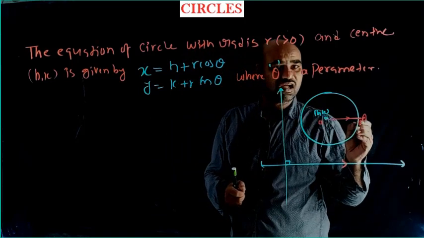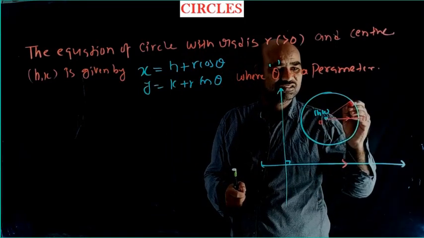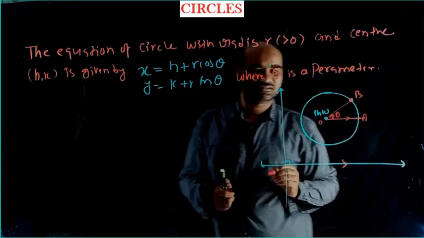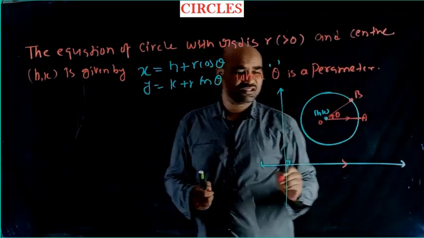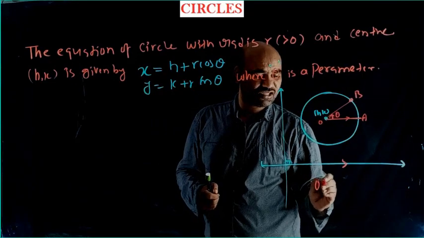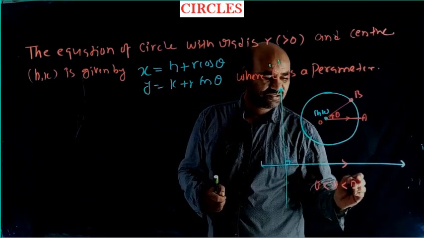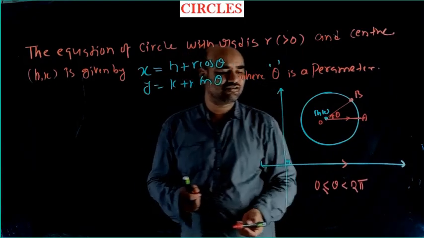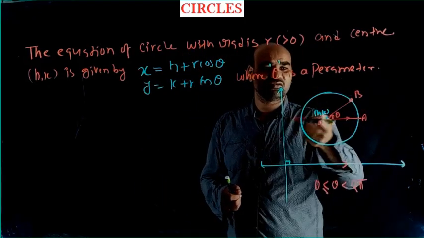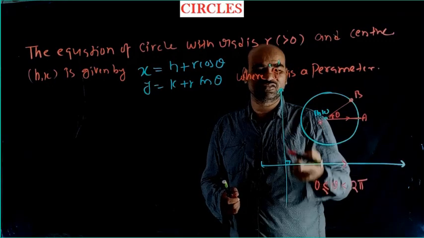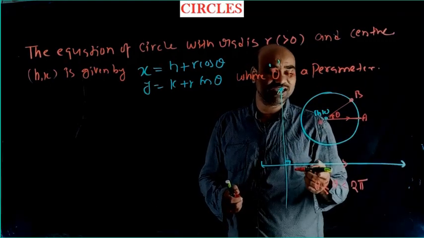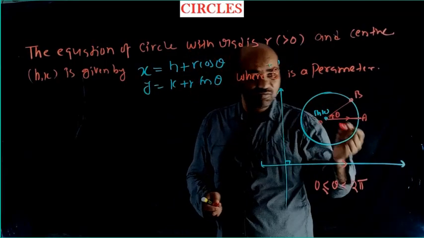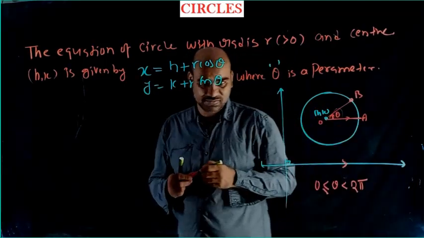Now draw an angle AOB so that whose magnitude is theta. Okay. Here my theta 0 less than theta less than 2 pi. Anyone can include 0 or I can include 2 pi. Means OB can rotate anticlockwise direction with an angle theta to 2 pi. So I want to write the equation of the circle by using this parameter theta.